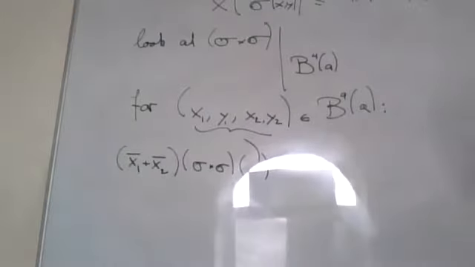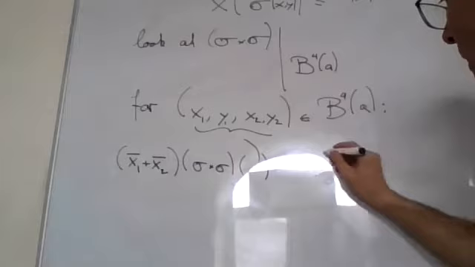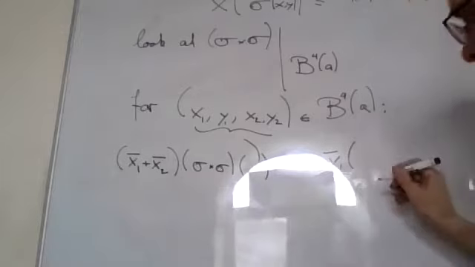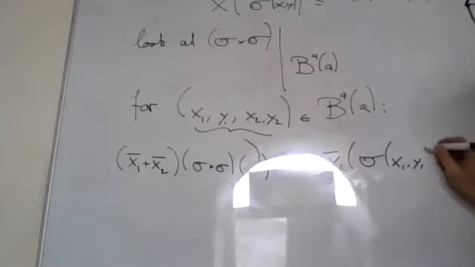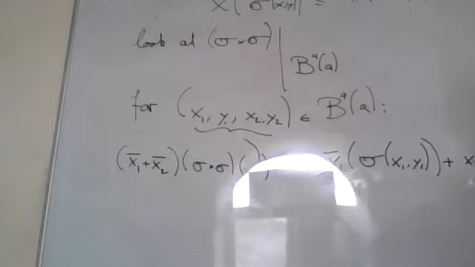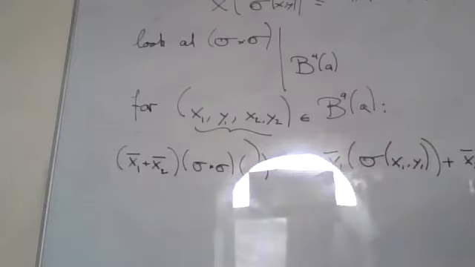Estimate. Okay, so by construction, what is it? It's x1 bar of the first sigma of x1, y1, plus x2 bar of the second sigma of x2, y2.